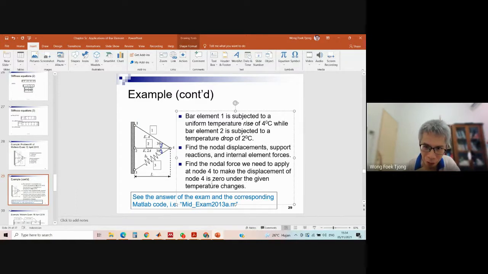Because this is to make the displacement zero, right? It is like if we have a support here, just like in your remedial exam, I put the support, right? And then you can calculate the force there. That's the idea to answer this question.